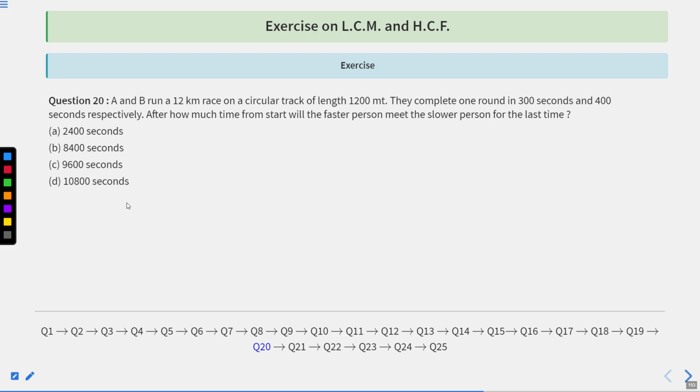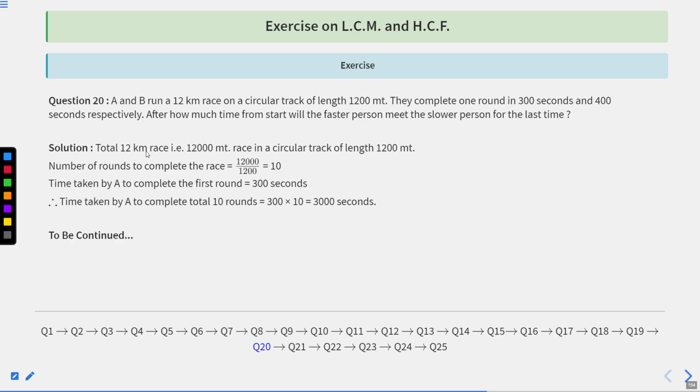Question number 20. A and B run a 12-kilometer race on a circular track of length 1200 meters. They complete one round in 300 seconds and 400 seconds respectively. After how much time from start will the faster person meet the slower person for the last time?